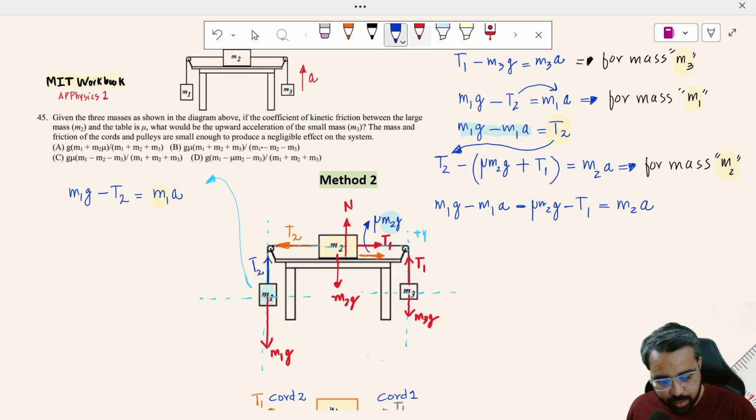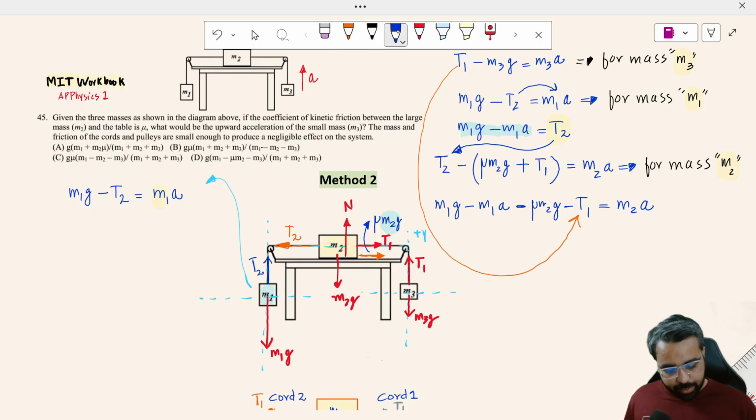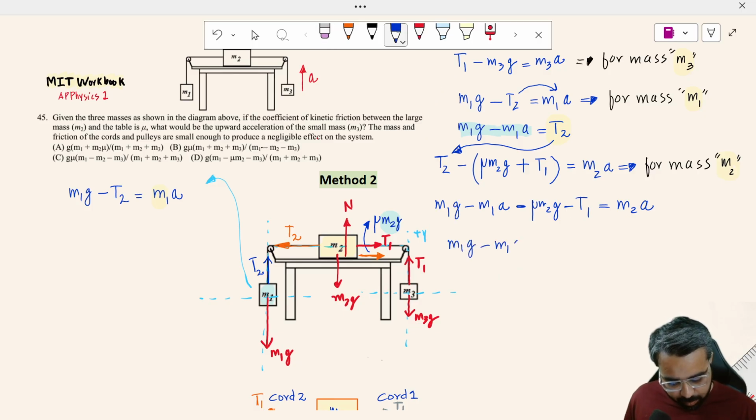Now, dear students, this is the time to put in the equation of tension T1. So that is m1g minus m1a, the equation as it is, minus inside the bracket the value of the tension T1, which is equal to m3a plus m3g.